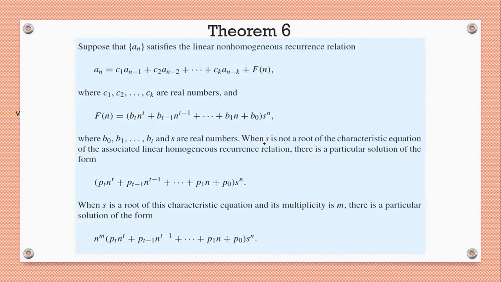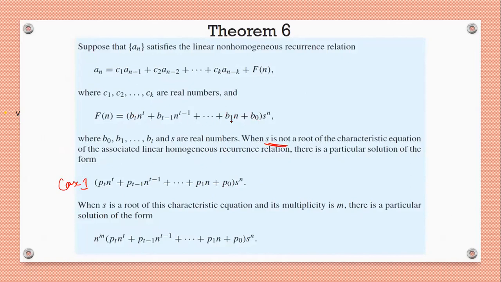Now, when s is not a root of the characteristic equation of the associated linear homogeneous recurrence relation, then the particular solution, this is for case 1, is pt n^t plus pt minus 1 n^(t-1) plus and so on up to p1 n plus p0, into s^n. One more thing: if you have in our problem n and some constant, then we will have only p1 n plus p0.